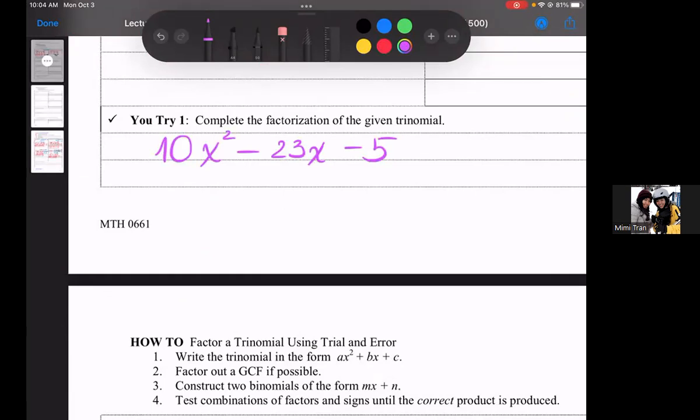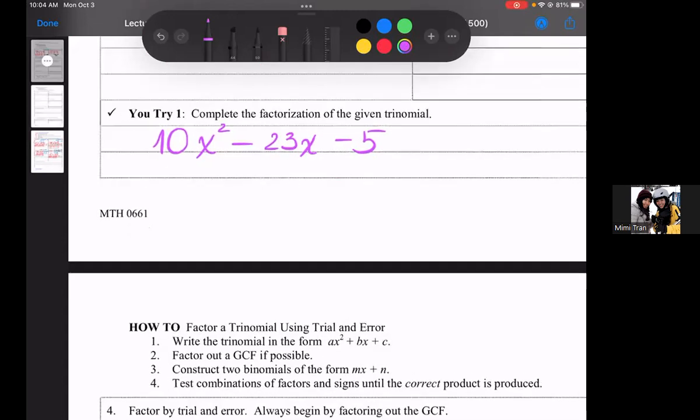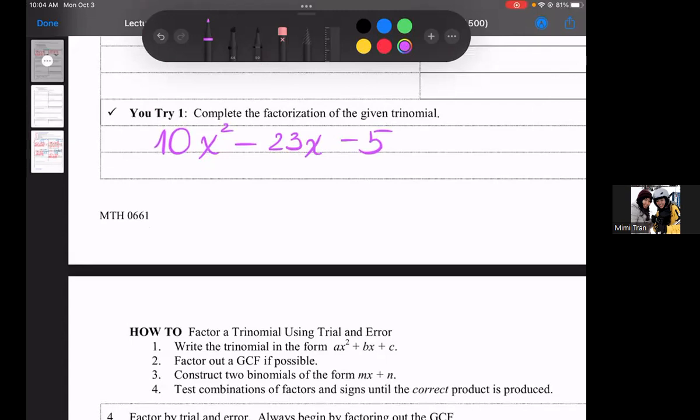Yes, this lecture is gonna be all AC method. I'm just not gonna show you the guess and check because it seems like 70% of you are still confused. So let's master one thing at a time, right? So all AC method. If you want to know guess and check, you come see me.